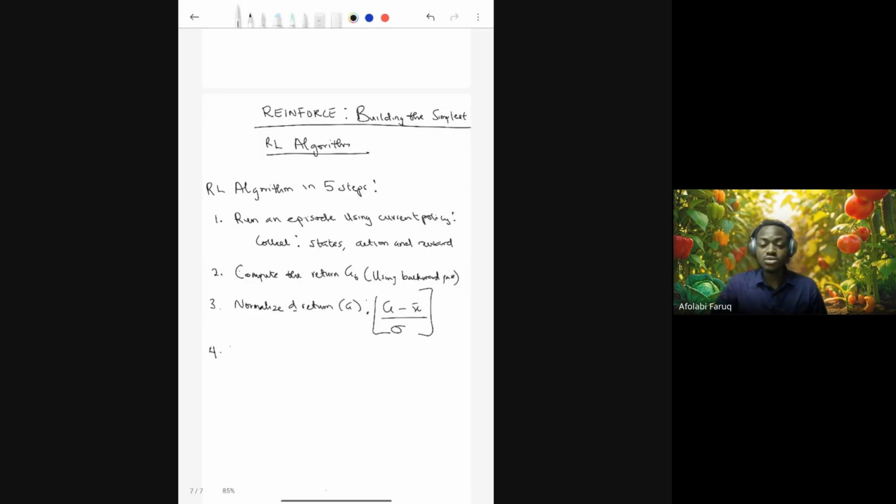The next thing we do is we compute the loss.